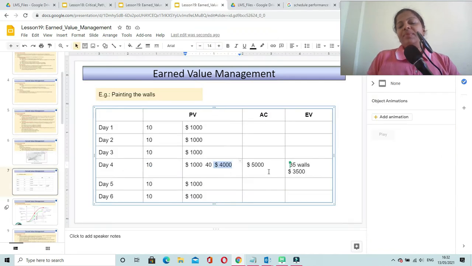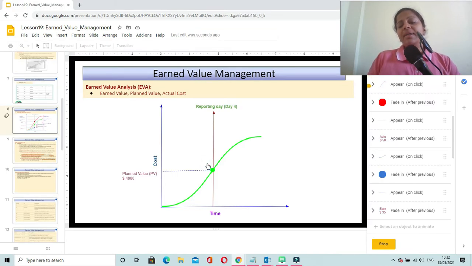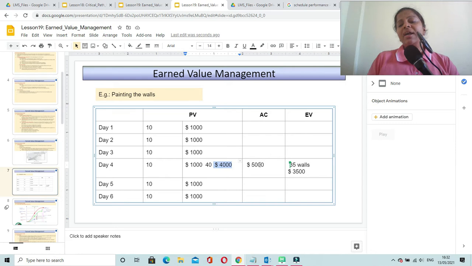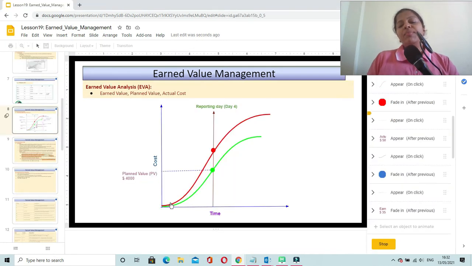But in our scenario we are saying that the team has consumed $5,000. So if we plot that on a graph, the dot will be somewhere over here, that is above the planned curve. So this dot indicates the actual cost, or the actual amount of money that you have spent by day 4.